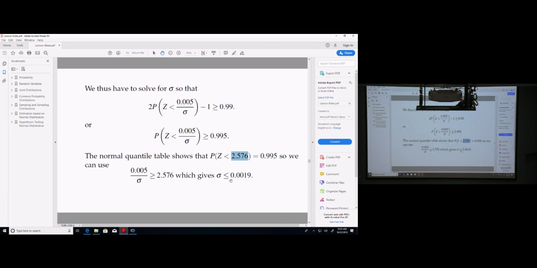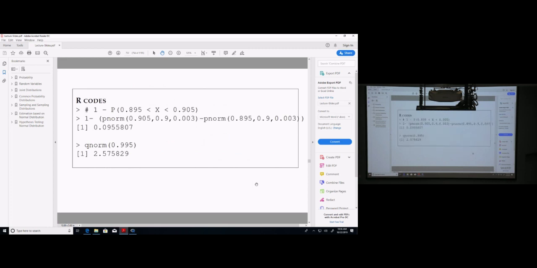So here the sigma has to go down to 0.0019. Now the original one is 0.003. So this is actually quite a substantial precision to expect, from 0.003 to 0.0019. I'm not sure whether technology can keep up with this. All right. So this is how it is done.